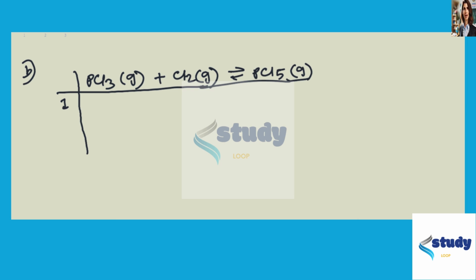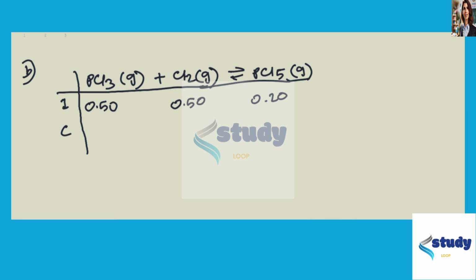The initial partial pressures for all the gases are given. For PCl3 it is 0.50, for chlorine it is 0.50, and for PCl5 it is 0.20.